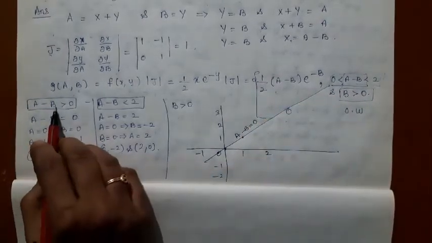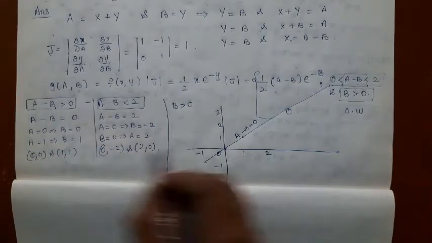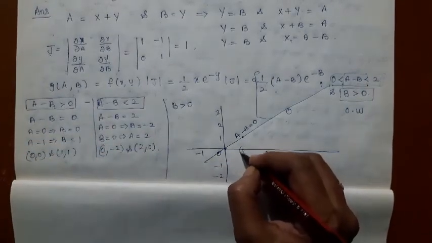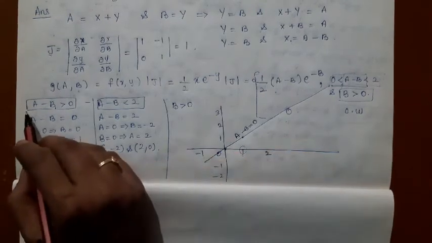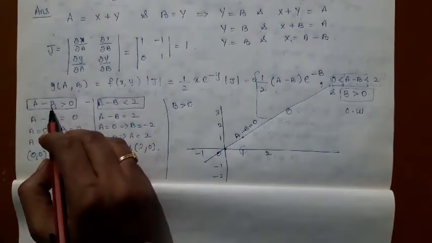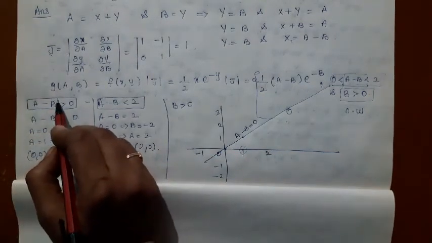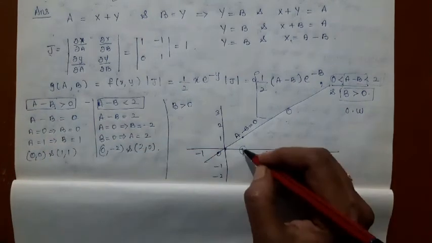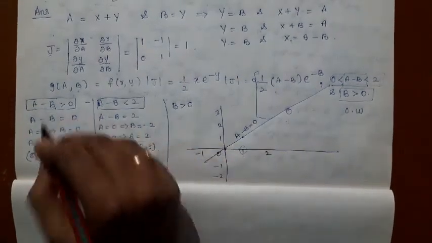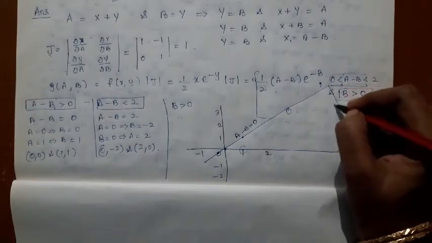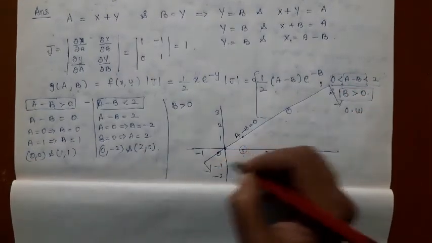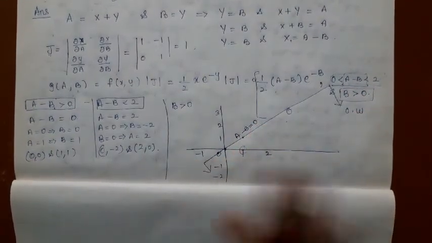But your condition says a minus b should be greater than 0. Let us take this point as a testing point. Put a equal to 1 and b equal to 0. You get an answer 1 which is greater than 0. So this point is satisfying the condition. So put an arrow mark towards that point. This is your region.